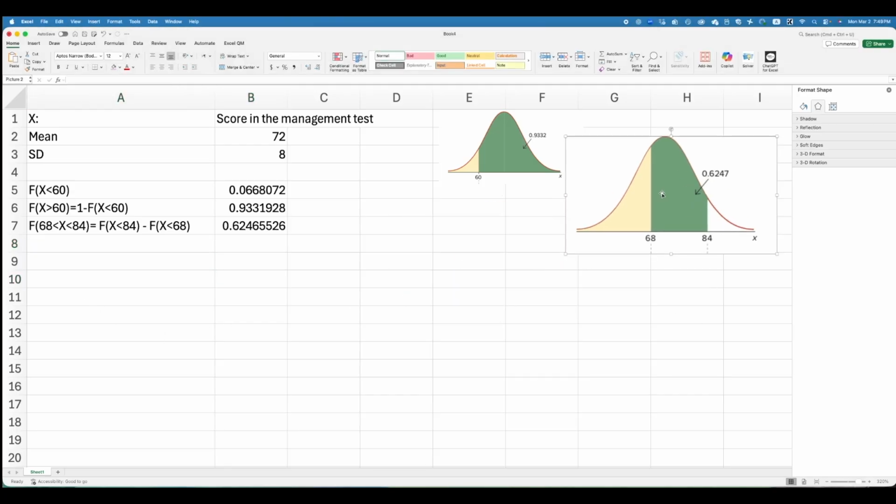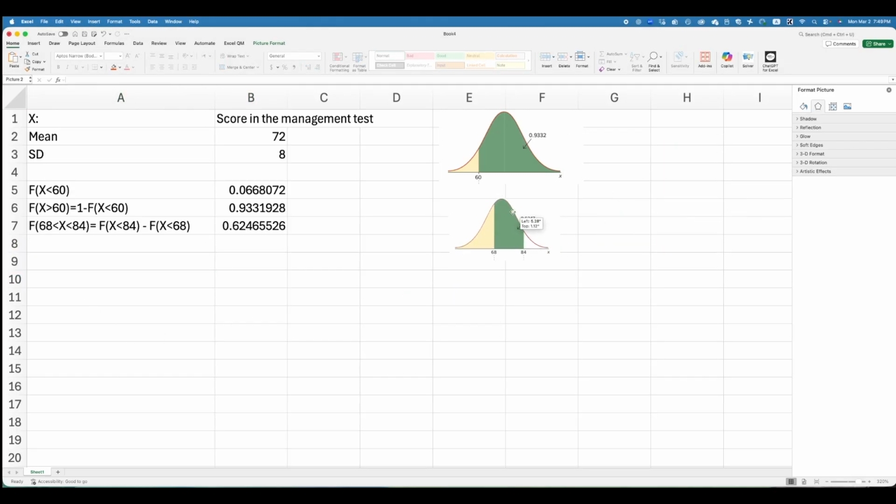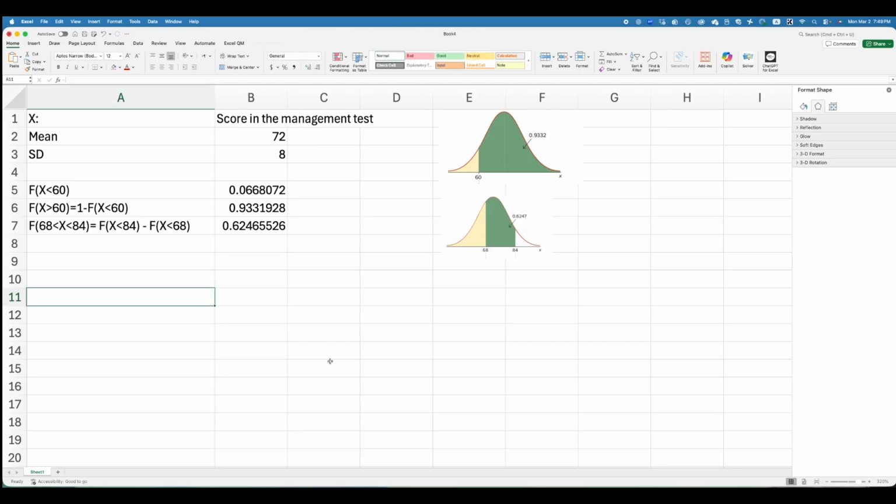So within 1 standard deviation is the probability of x being between 72 minus 8 and 72 plus 8. That's 64 and 80. So 64 is 1 standard deviation below the mean, 72 minus 8, and 80 is 1 standard deviation above the mean, 72 plus 8.